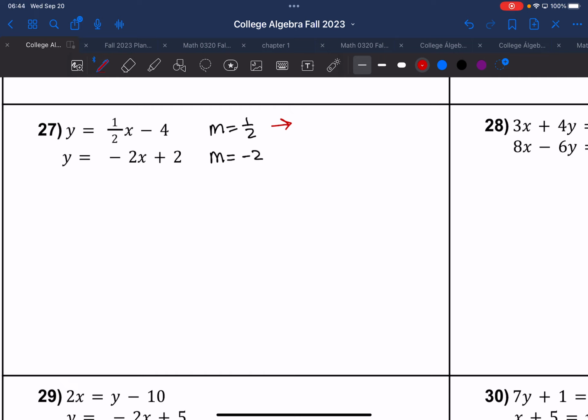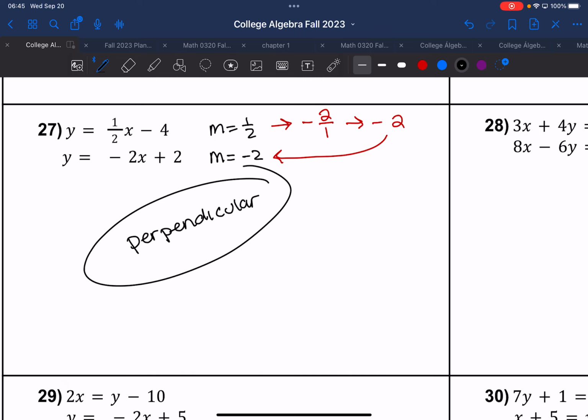The opposite of positive would be negative, and then the reciprocal of 1/2 becomes 2/1, or we could just say -2. Does this number match our second slope? Yes, so that means these are perpendicular. If we take the opposite reciprocal and that number matches our second slope, we say those lines are perpendicular.